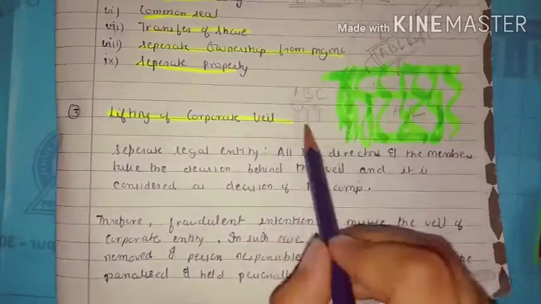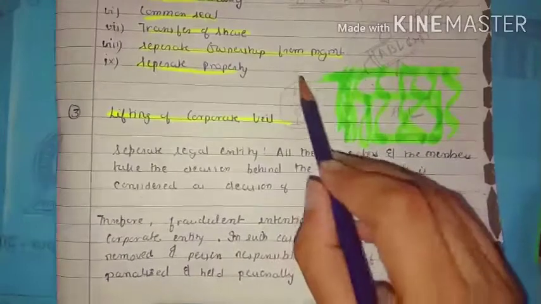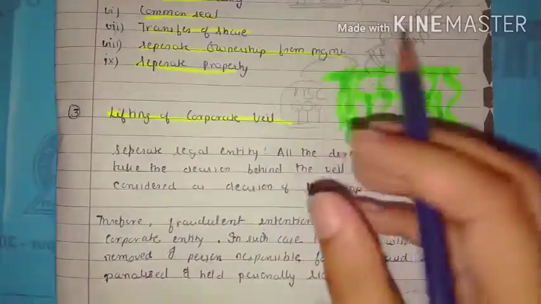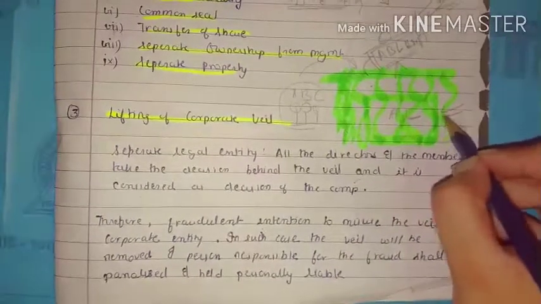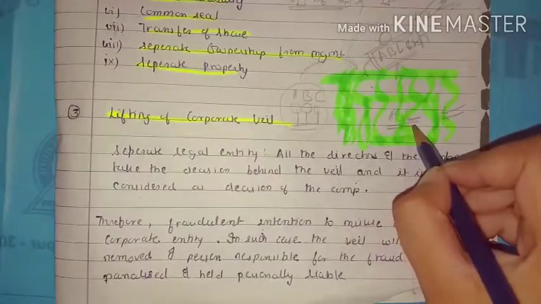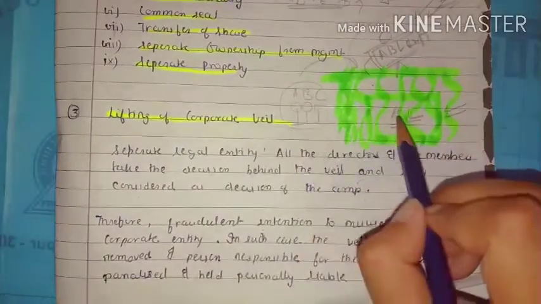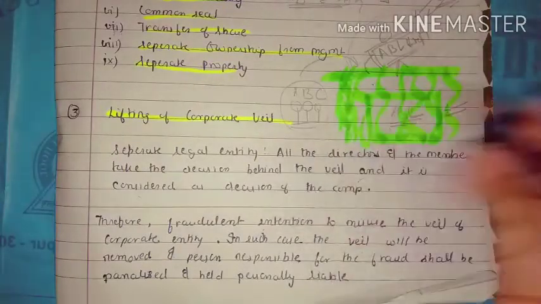But if the managers are doing something wrong, like committing fraud, abusing this separate legal entity, running a drugs market, importing drugs in the name of the company and saying this is not done by us, this is done by the company, as the company has a separate legal entity, I am not doing it.